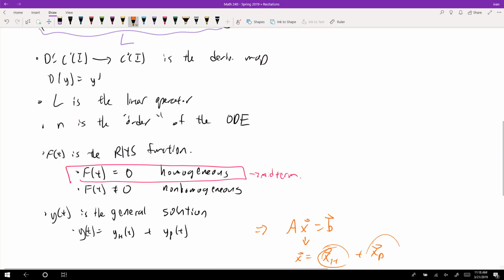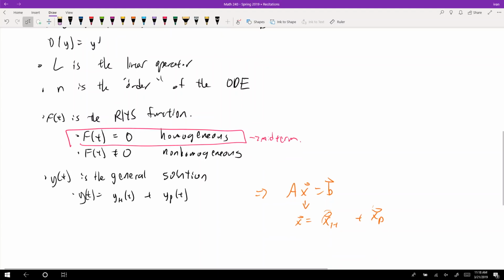If you shift that particular solution by the kernel, well, the kernel solves Ax equals 0, so you're really not adding anything to b. This is the exact same idea. yh is the solution to the homogeneous differential equation.